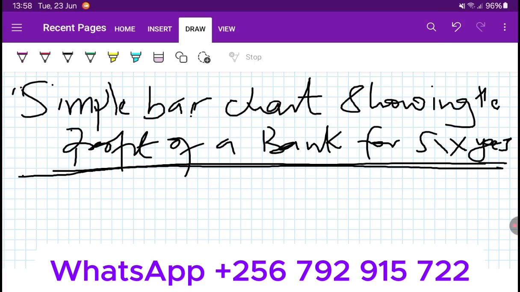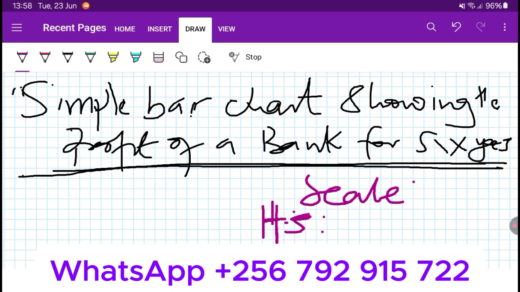So before we move to drawing the chart, I told you it is always better to analyze the information that they have given to you to know the scale. So let's have a scale. Of course, we need the horizontal scale. Let me just call it HS, horizontal scale.